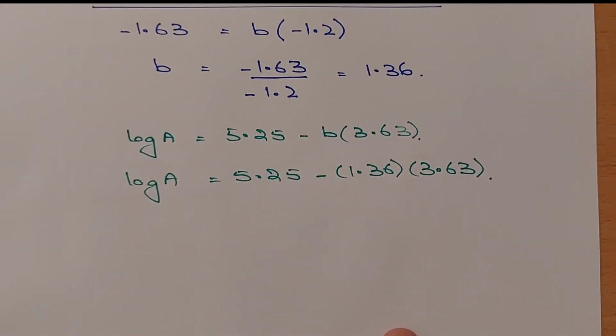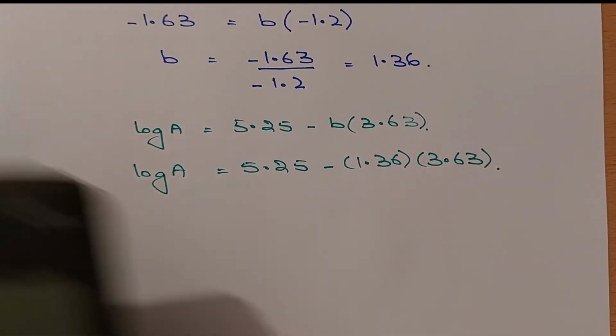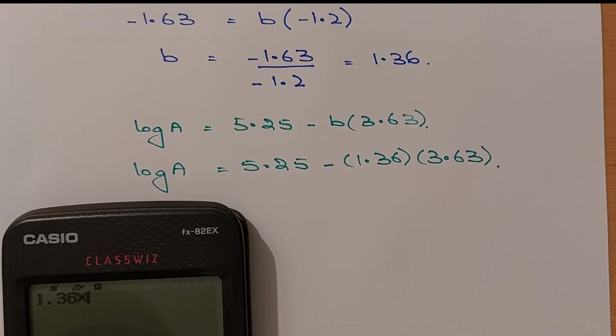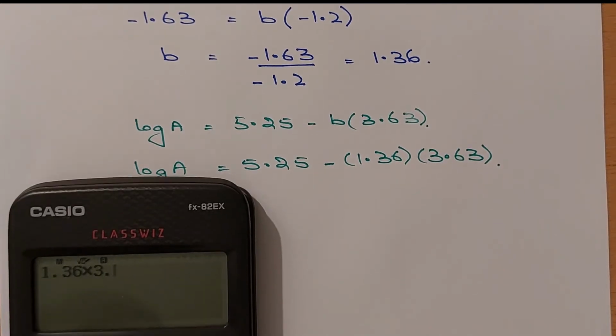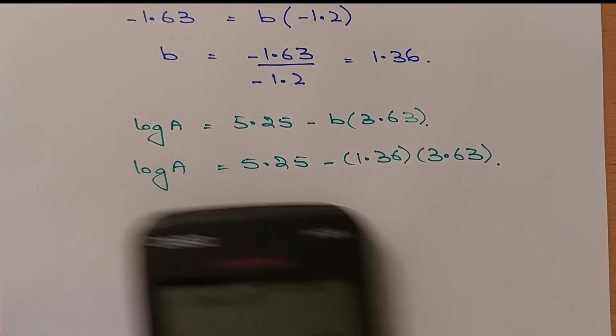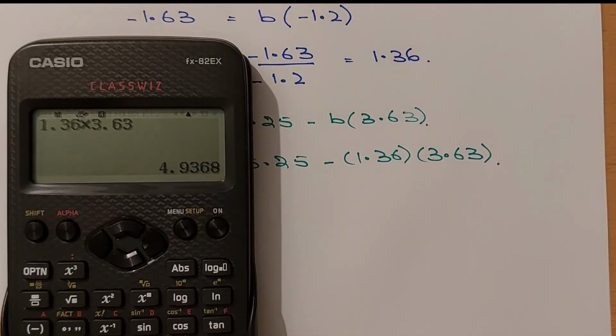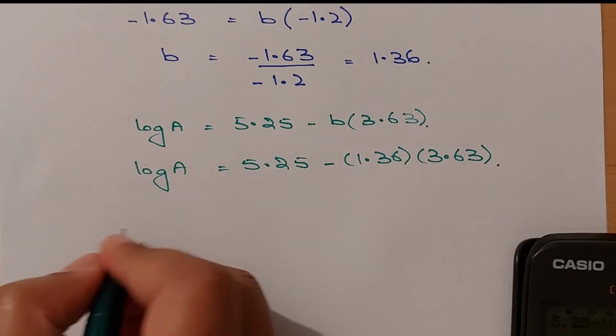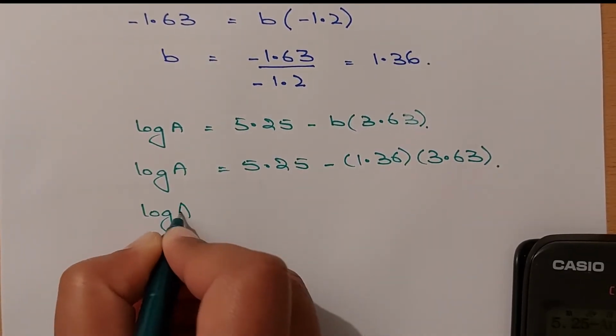Let me simplify this and then we will find the a value. So 1.36 times 3.63 is 4.9368, and then 5.25 subtract this answer is 0.3132.